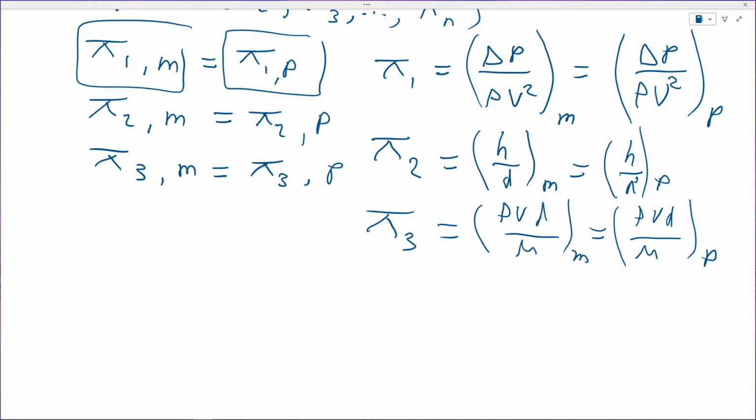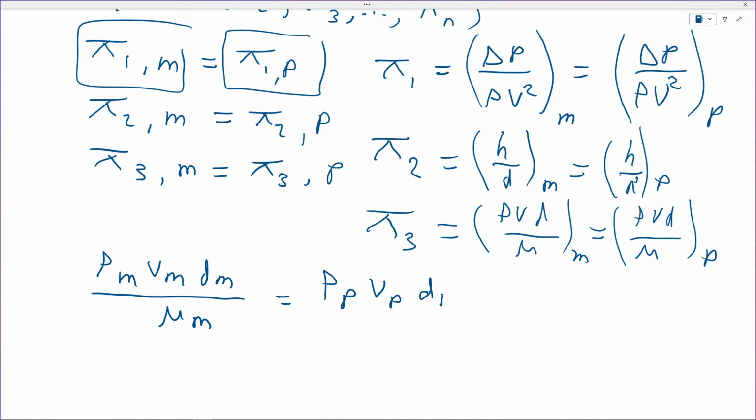So I can say rho model V model d model over mu model is equal to rho prototype V prototype d prototype over mu prototype.